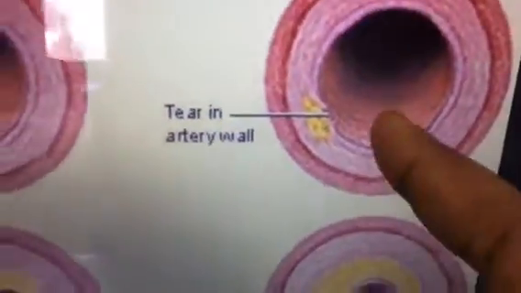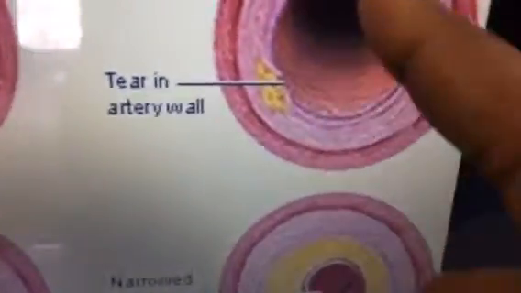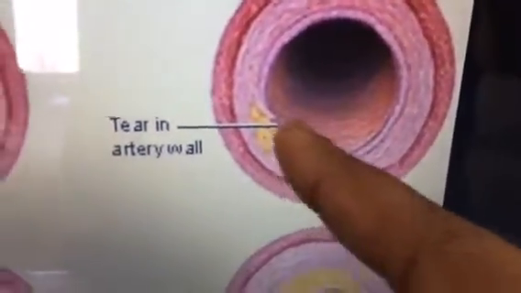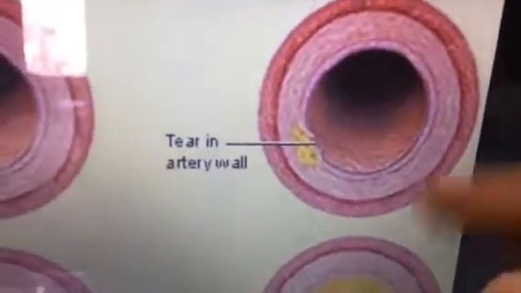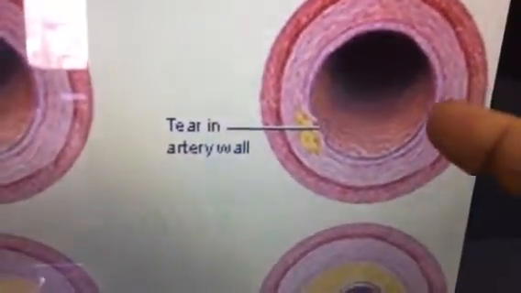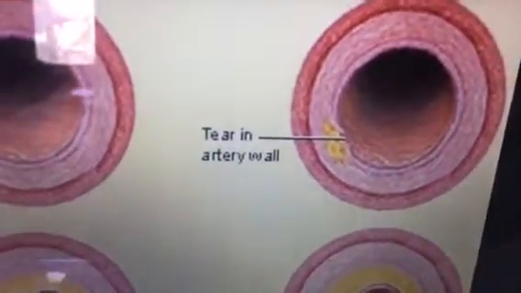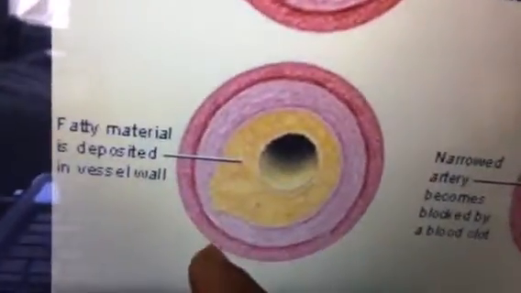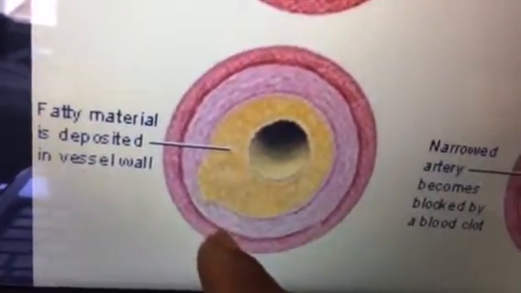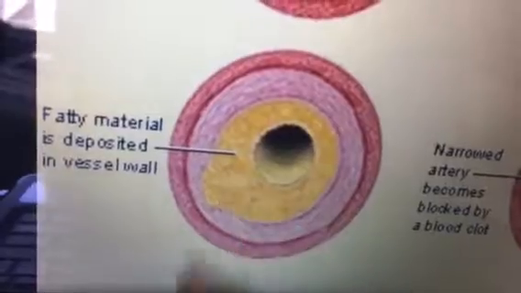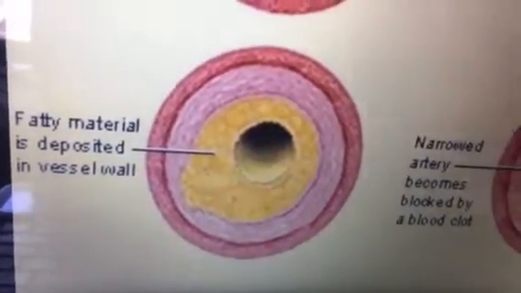Also, part of the breakdown of this fat by the macrophages can circulate inside of the blood vessel, causing what we call an embolism, thromboembolism sometimes. This is actually what we have right there, a big accumulation of fat or grease, whatever we're gonna call it.